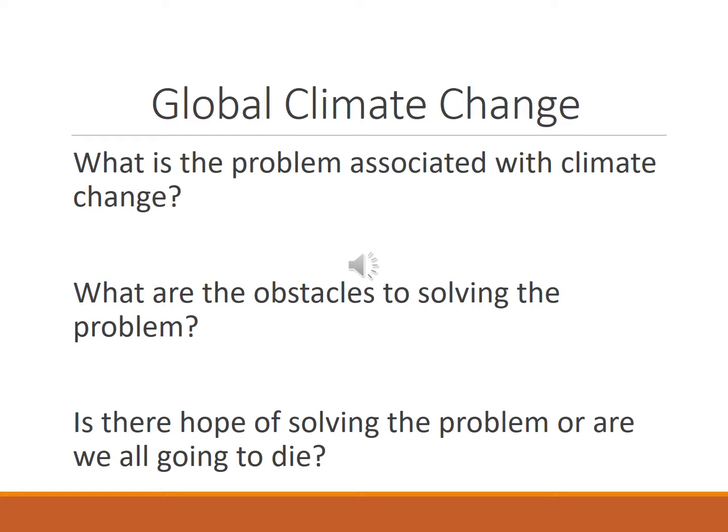What's the big deal? Second, what are the obstacles to solving the problem, if this is the big problem that it's presented as? And third, given that it's been very difficult to solve the problem, what hope is there in the future that these obstacles can be overcome? Or is this going to kill us all eventually? Are we all doomed?